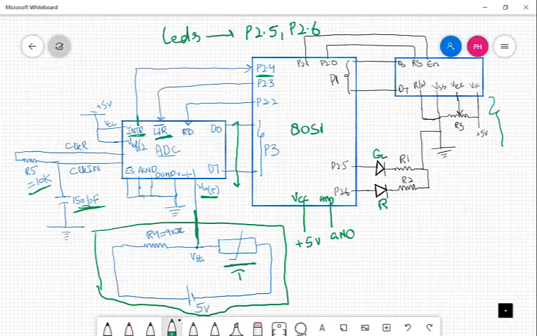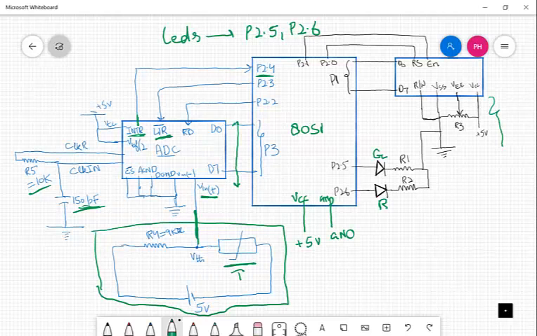Using P2.3, we will send a high to low pulse, and after sending a high to low pulse, ADC will start converting. When it finishes the conversion, it will send a low signal using the interrupt pin to P2.4. When the microcontroller gets a low signal at P2.4, it will know that the conversion has finished and I have to pick up the data.